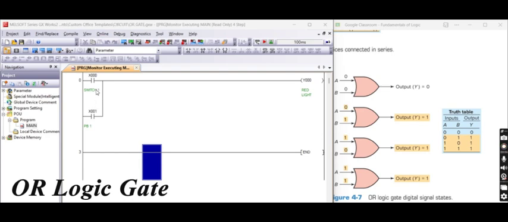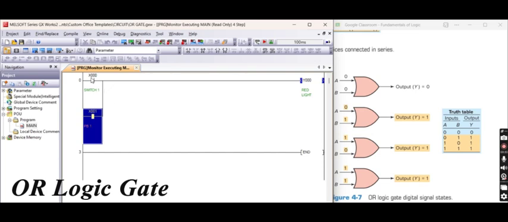When it comes to OR logic gate, if our input A is 0 and input B is 0, then our output is not energized. If our input A is 0 and our input B is 1, then our output is energized.